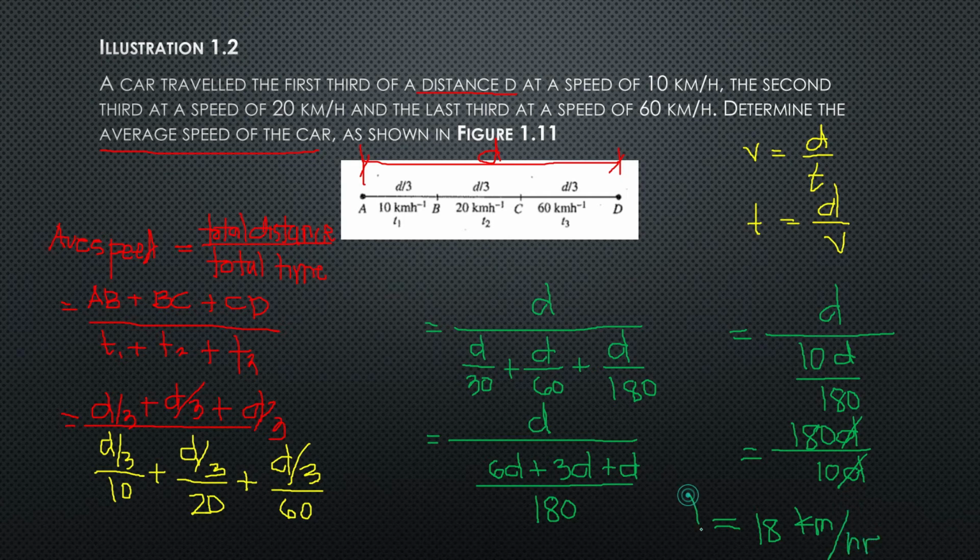So this will be the final answer: the average speed of the car is 18 kilometers per hour.